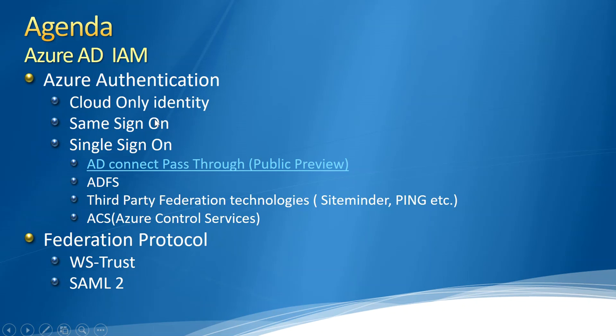One is cloud-only identity, where you have all the users only in Azure AD, you don't have any on-prem connectivity, and you're a small organization, you want to maintain your identity in cloud. In that case, you will set up your very primitive connectivity model where you will have all your users in Azure AD.